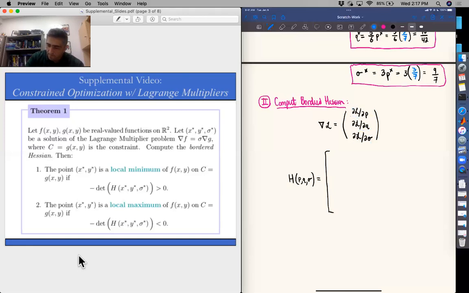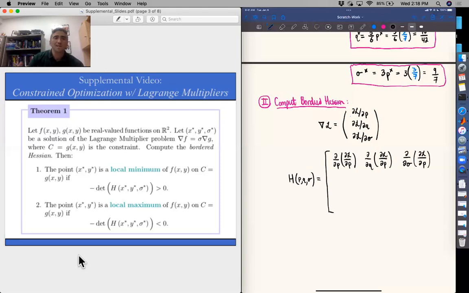So basically the way the first row works is we'll take the partial derivative with respect to P of the first entry of our gradient. Then we take the partial derivative with respect to Q of that first entry of our gradient. And then we take the partial derivative with respect to sigma of that first entry of our gradient.